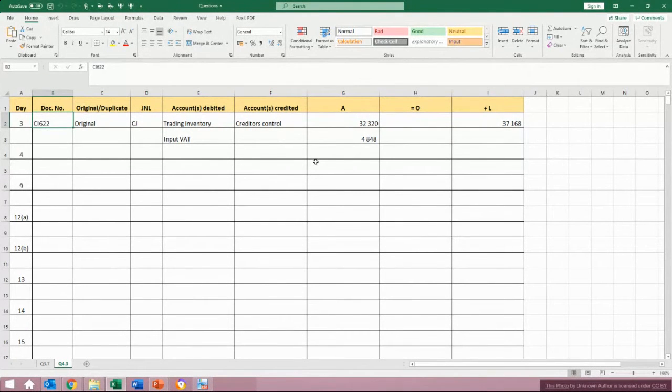So we're going to start with the transaction on the 4th. So the date there is the 4th.